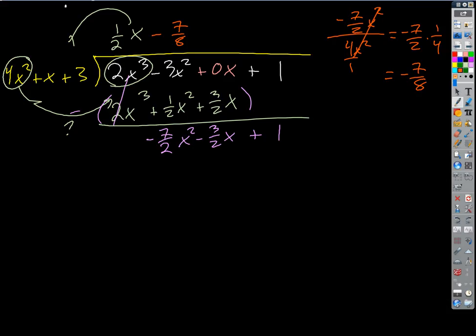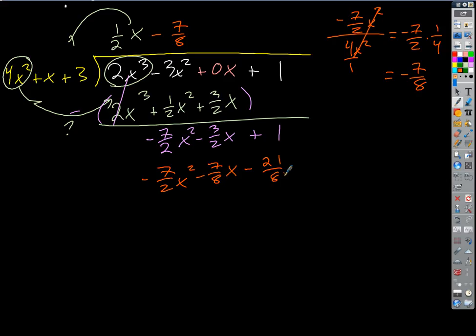And we'll distribute that through. Negative 7/8 times 4 is negative 7/2. It has to be. Negative 7/2 x squared. Negative 7/8 times 1 is negative 7/8 x. And negative 7/8 times 3 is negative 21/8.